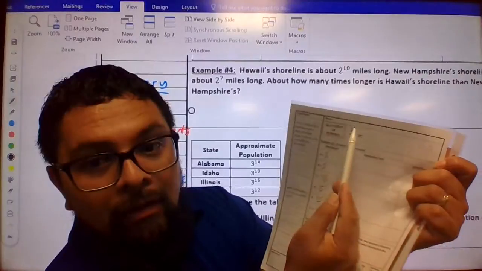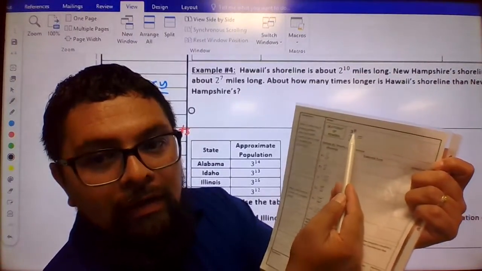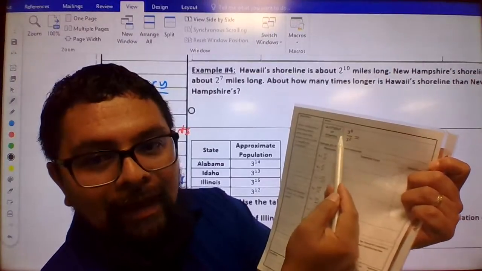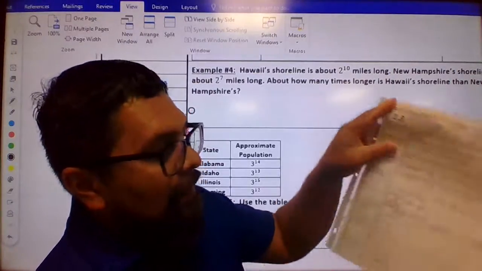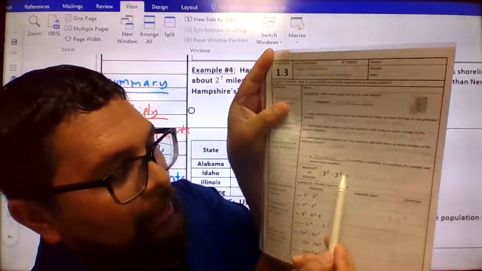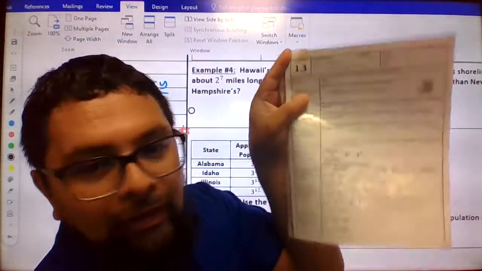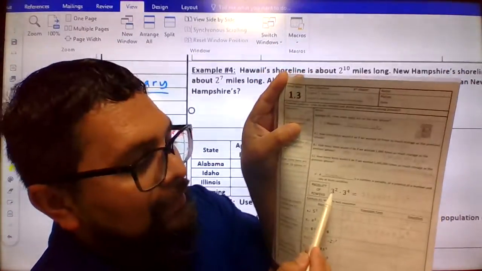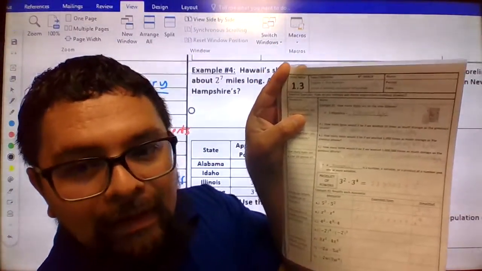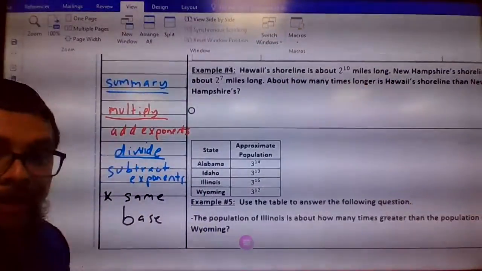When we subtract, cuando restamos aquí 8 menos 2, la base tiene que ser the same. Tiene que ser igual. Right here, when we add the exponents, the base has to be the same. If these bases were different, you can't do that. Si las bases son diferentes, no puedes hacer eso. That's our summary, and we are done with this lesson.